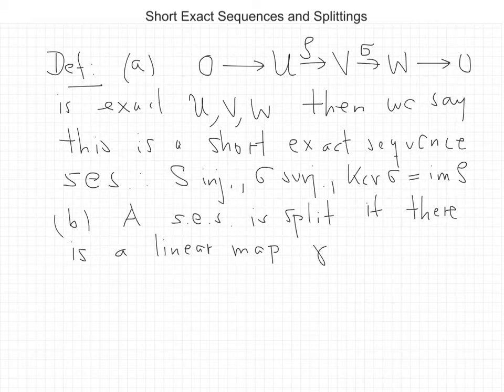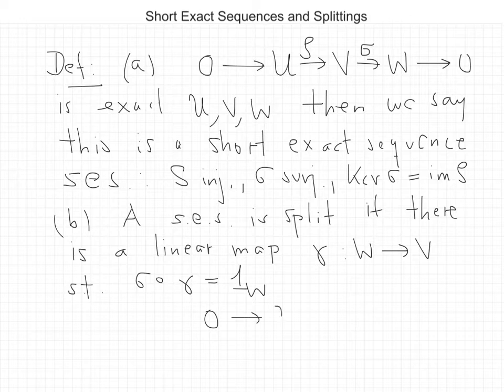And that linear map gamma will actually go from W to V. So such that if I first apply gamma and then I apply sigma, notice that this is a mapping from W back to itself, then this will be the identity map on W. So usually one has in mind the whole picture, so one sees the whole short exact sequence.